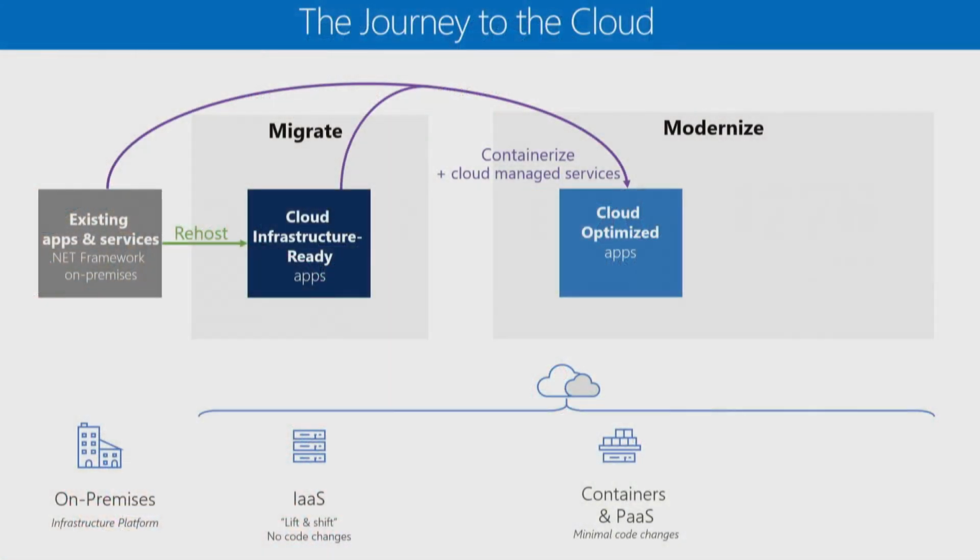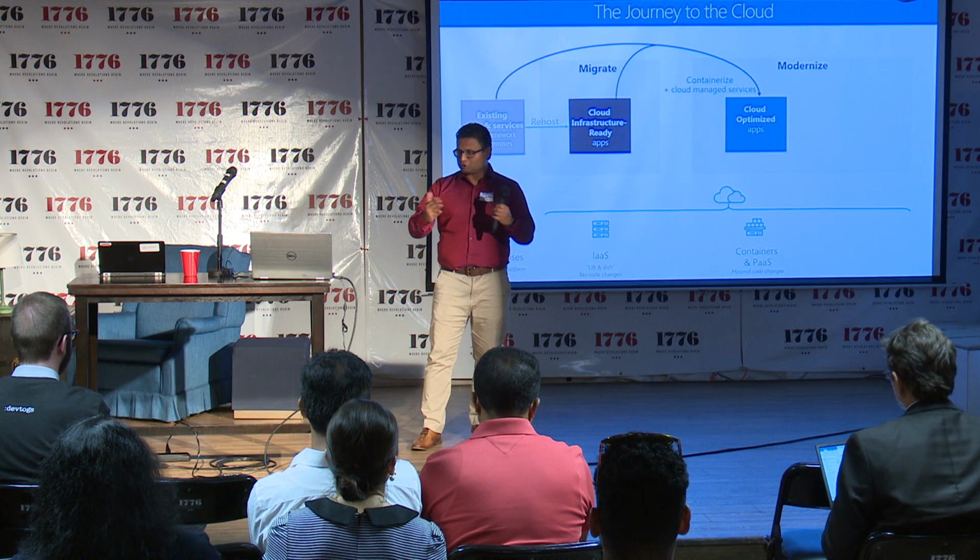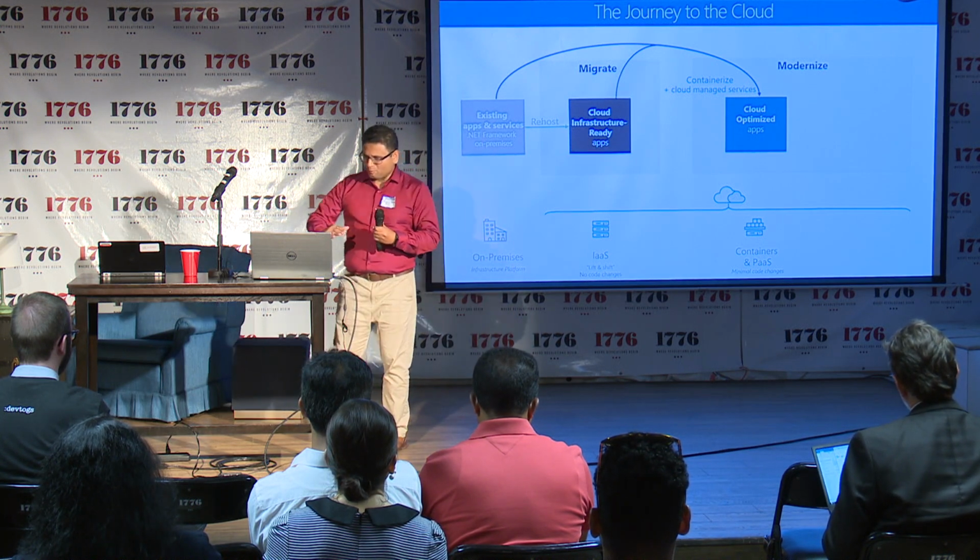So what I'm going to focus on is how we modernize this existing app with little or no code change and deploy to the cloud, so you get some of the inherent cloud benefits like scalability, high availability, storage, and monitoring.